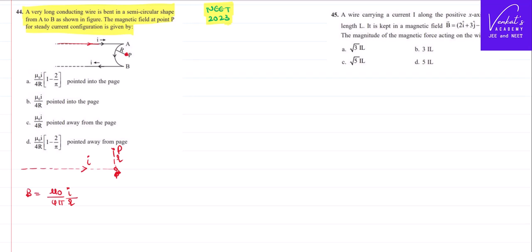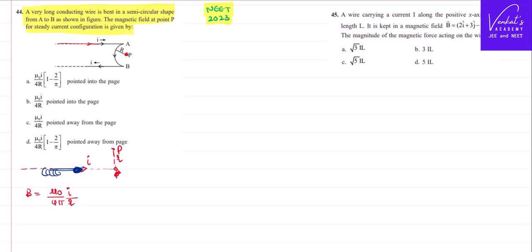What is the direction of that? We have to use the right hand thumb rule. How we have to use it: simply use the thumb, and hold your fingers along the direction of this current carrying conductor. Now you have to curl your fingers.